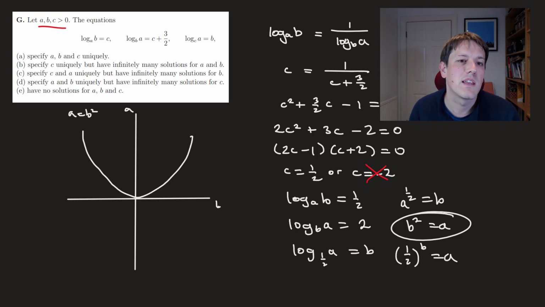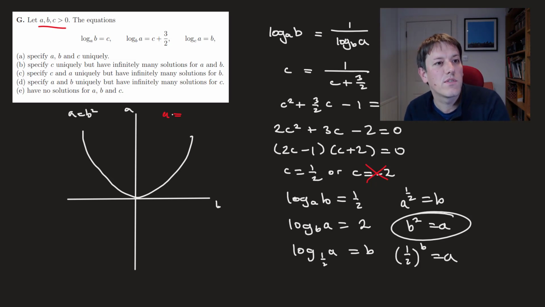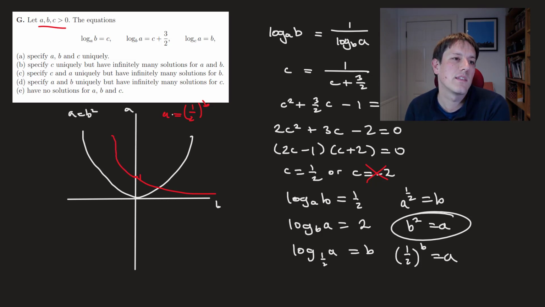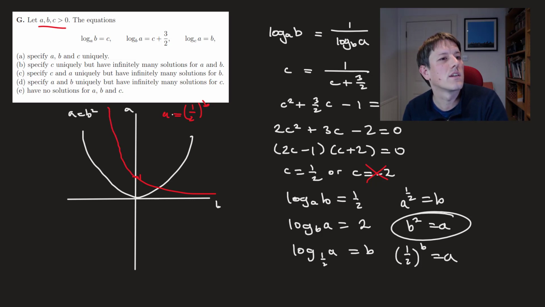And then similarly if I did a equals 1/2 to the power of b, we've got some exponential type relationship here with the power 1/2, which is going to go through 1 when b is 0, and then as b goes to infinity this goes off to 0. And the exponential grows more rapidly than the quadratic here, so this side is never going to meet here.